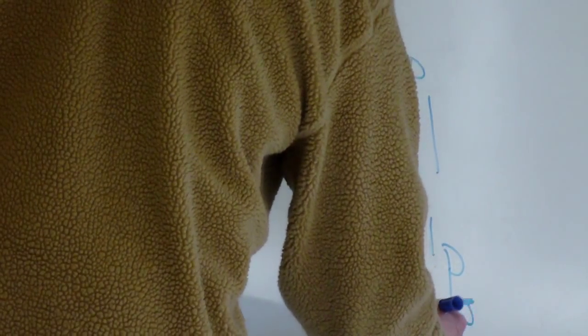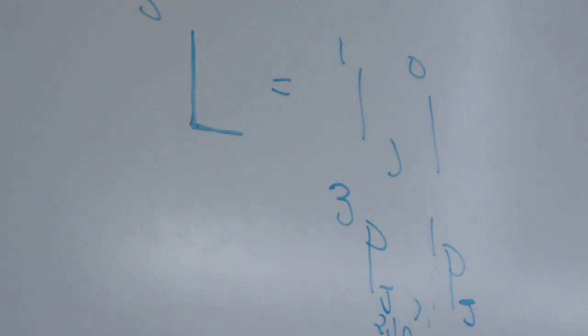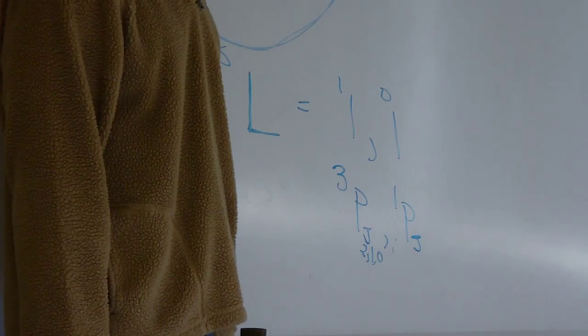So J could be 2, 1, 0. And then for the singlet, what would this J be? Just 1. So that's why it's a singlet.